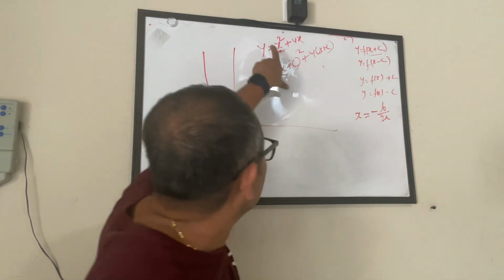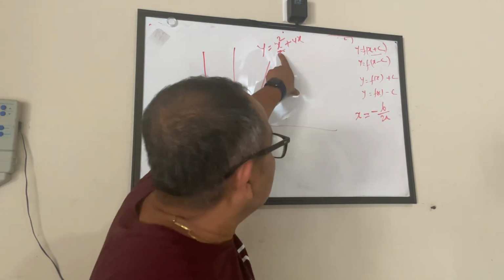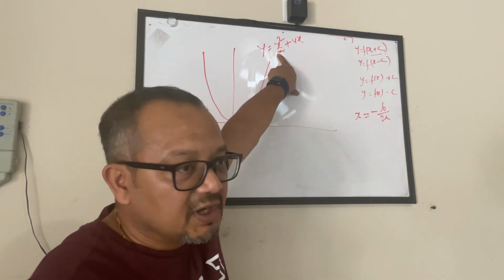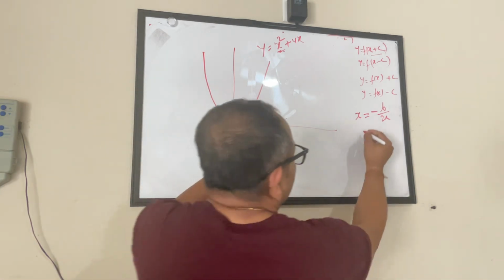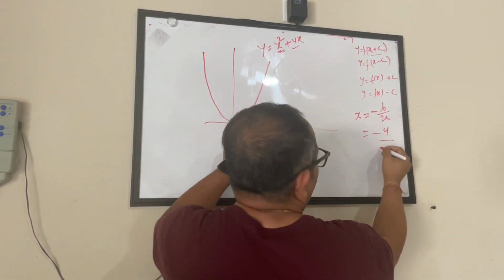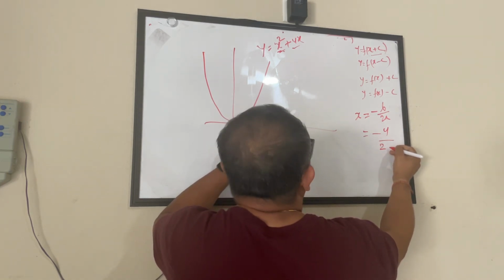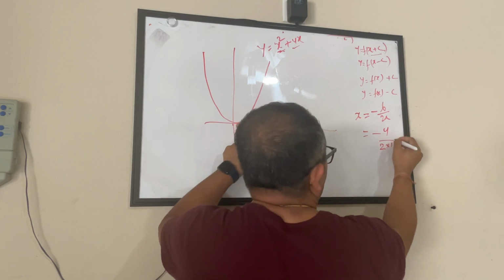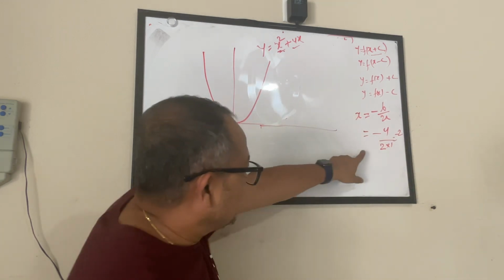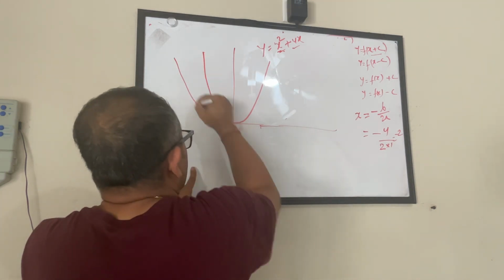So in this equation, what is the x coordinate of the vertex? It is minus b, b is 4, so minus 4 by 2 into a, and 2 into a is 2, so minus 2. So the x coordinate is minus 2. It's somewhere here.